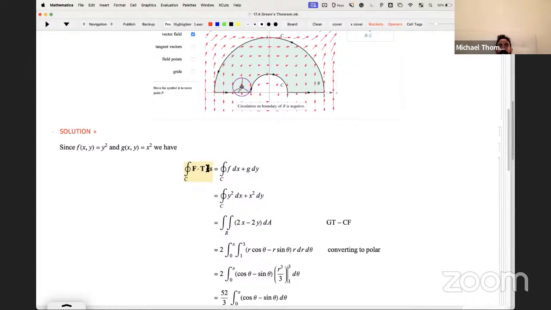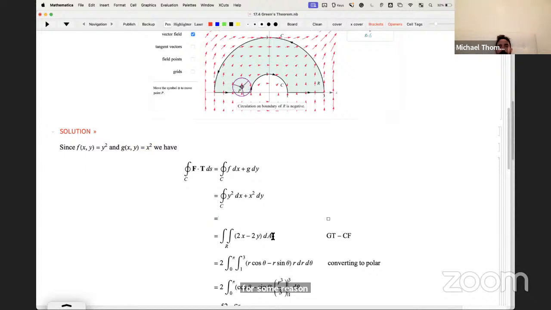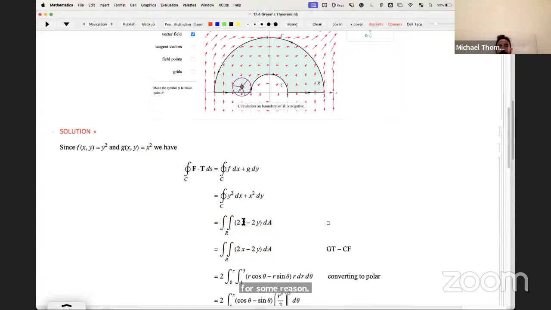The circulation on C, which is the boundary of R, is given by integrating the curl, and the curl is 2x minus gy. So where does the curl come from? Well, the curl is gx minus fy. I didn't write that in for some reason, so let me write it in here.